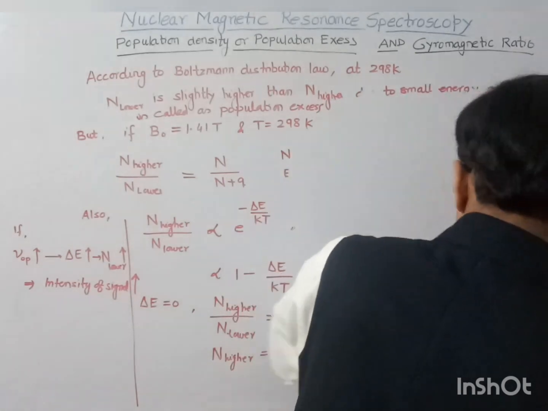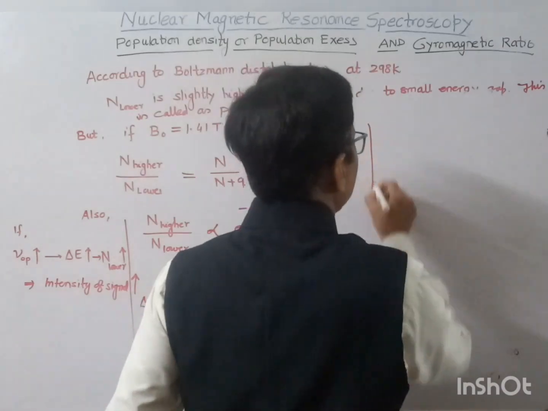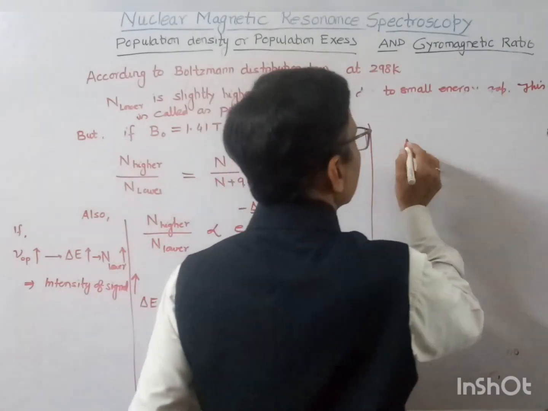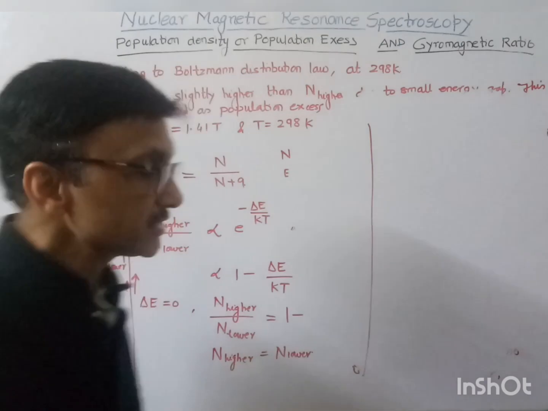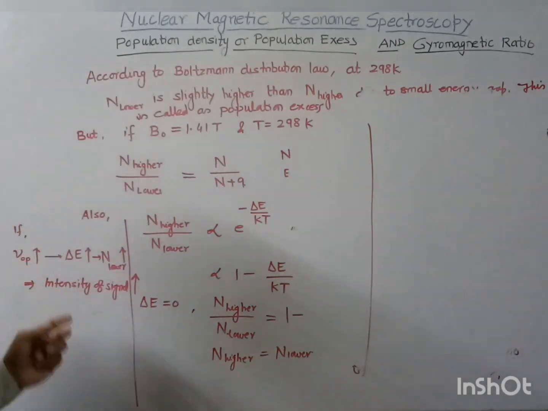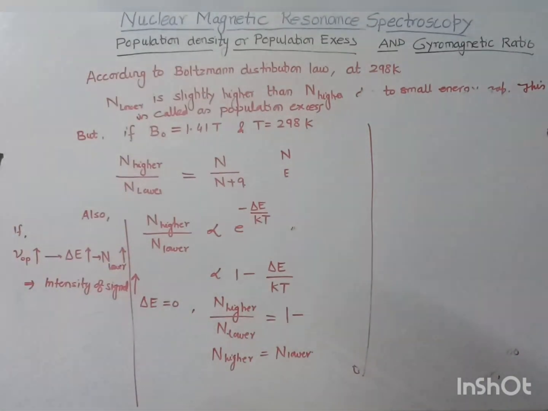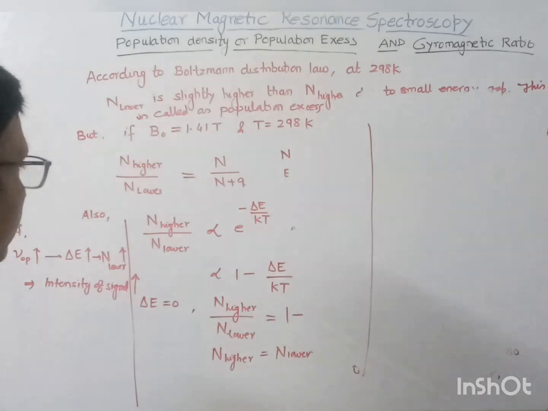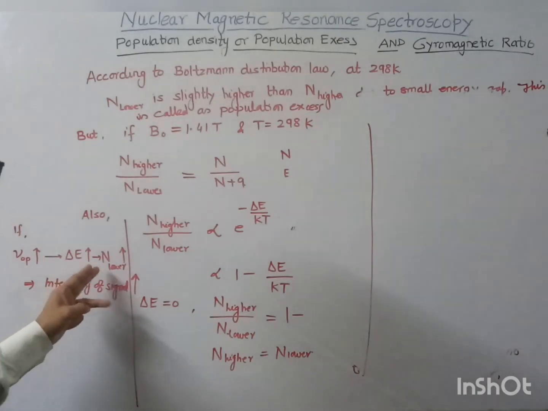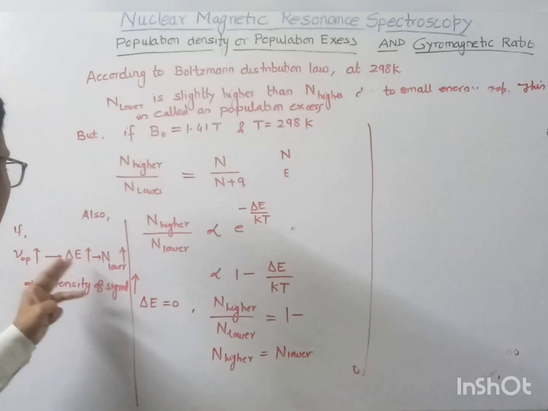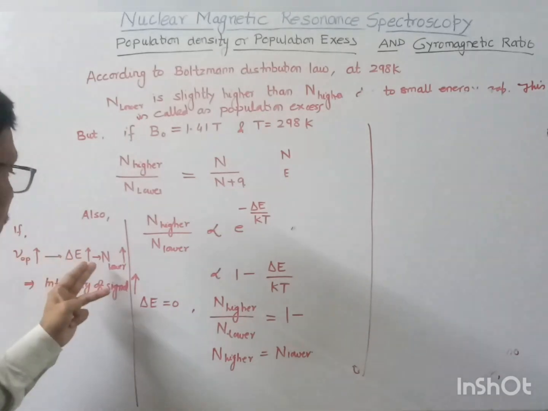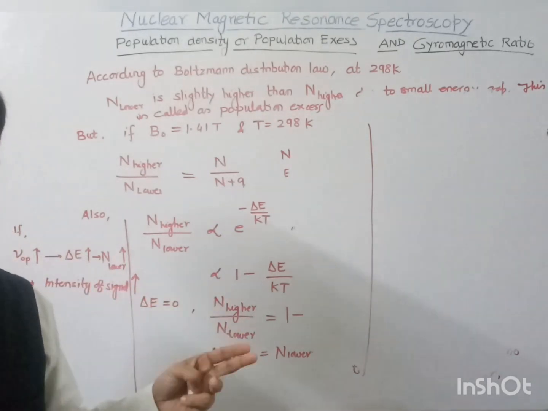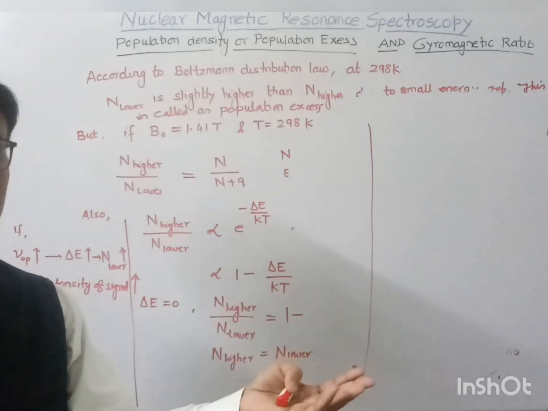As I told you, as the frequency increases, the intensity of signal increases. So we can say as the frequency increases, the number of nuclei in the lower energy state increases, or the population excess increases.